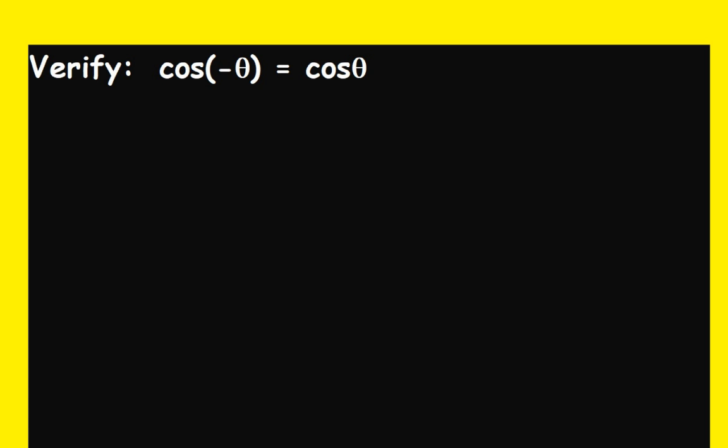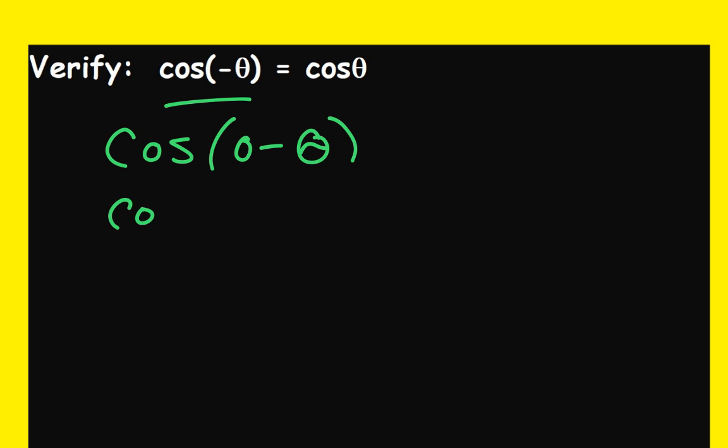So when it says verify, you can't use that identity. You have to use a different one. So I want to use the cosine. I need a negative theta. So I'm going to say this is cosine of 0 minus theta and use my sum or my difference formula. So that one is the cosine of 0, cosine of theta, sorry.